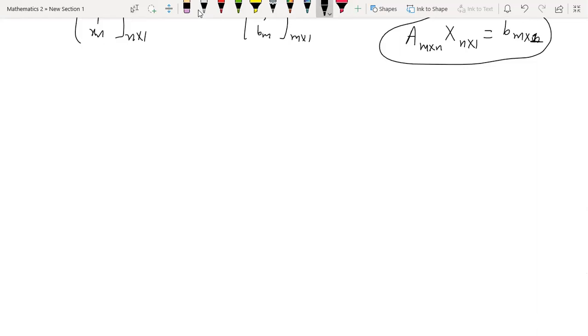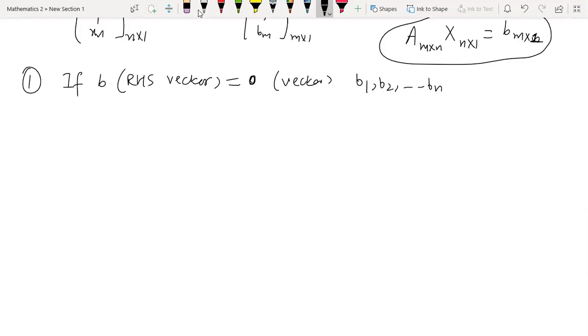So the first definition: this small b I am using is actually a vector, the right hand side vector. If this is 0, meaning the zero vector, then all of b1, b2, bm, the right hand sides of all the equations, are 0.